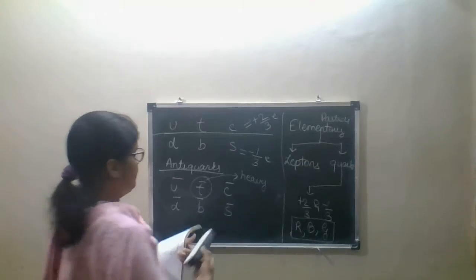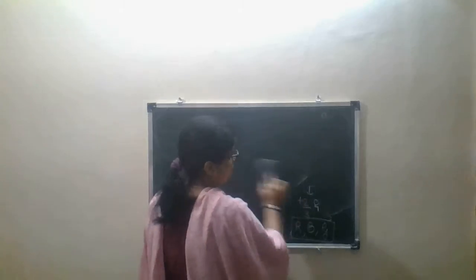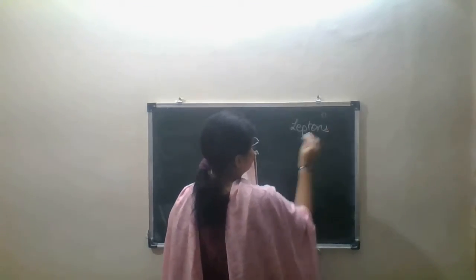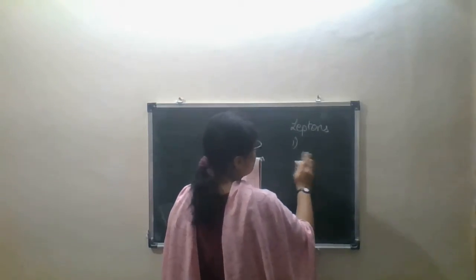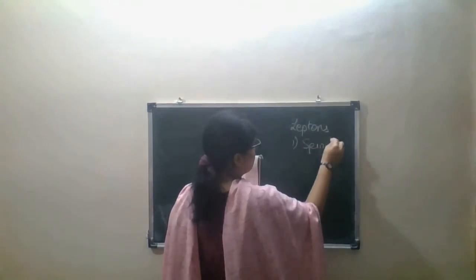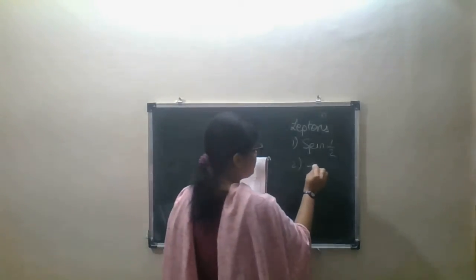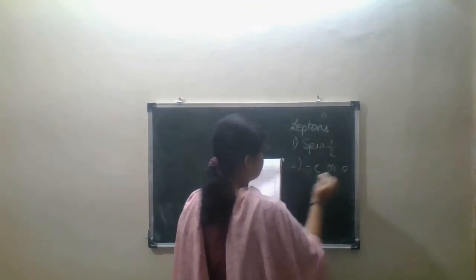Leptons and antileptons. Leptons are also fermions with half spin. They are also spin half particles. Next, they have a charge of 0 or e or minus e.